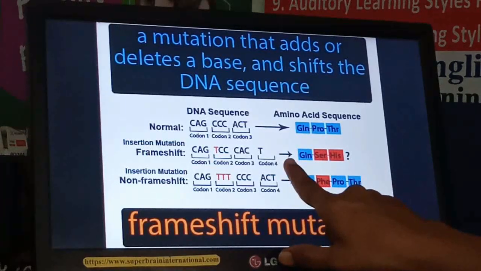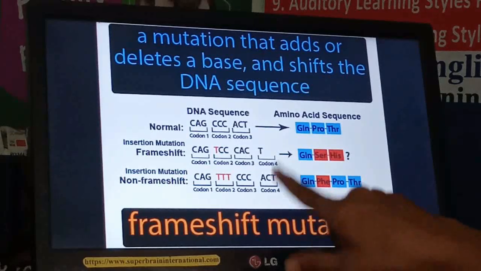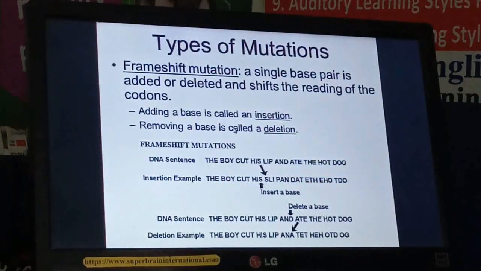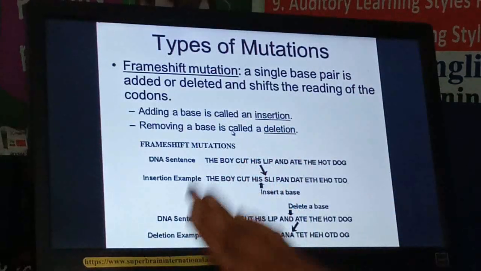So this is called a frame shift mutation. That is how it is for addition. Like that, deletion also takes place, and because of deletion also, changes take place.